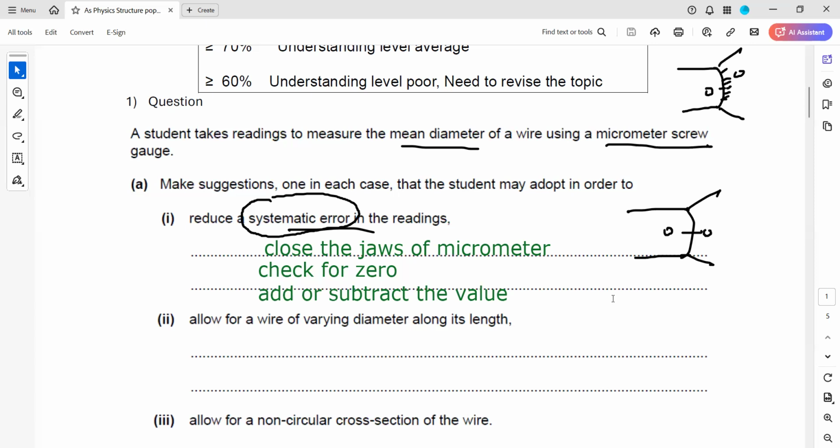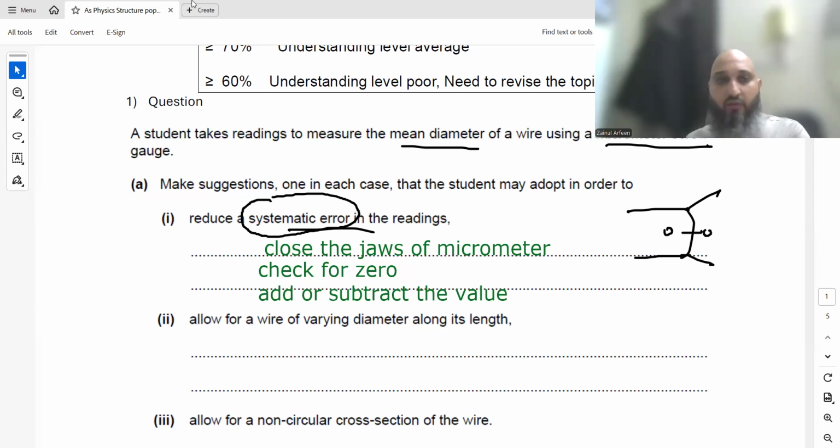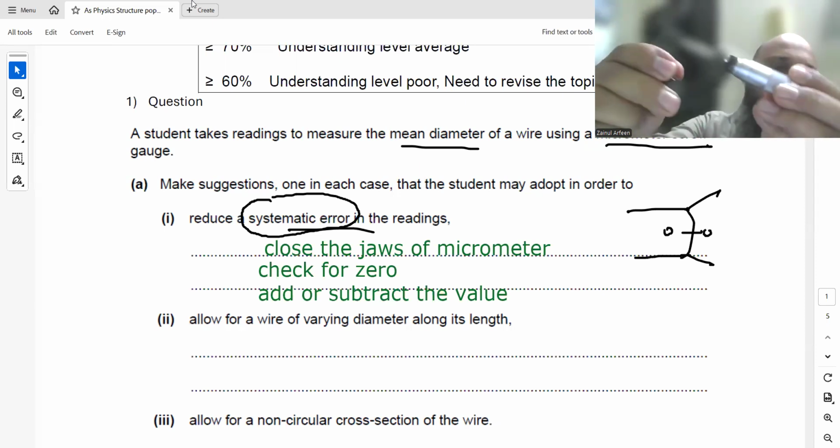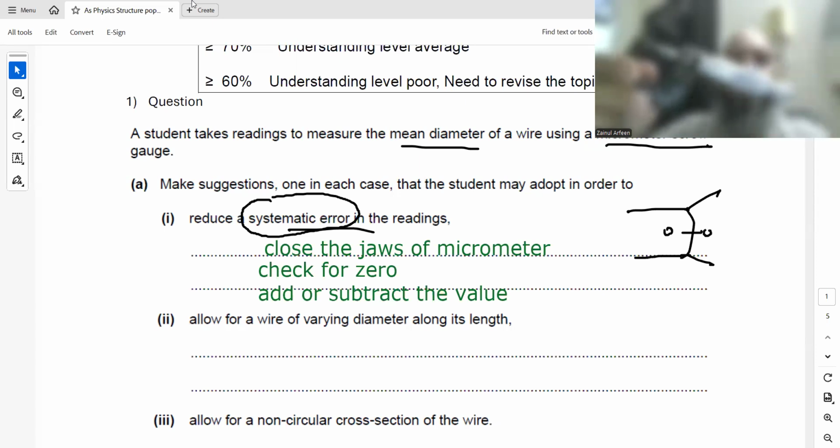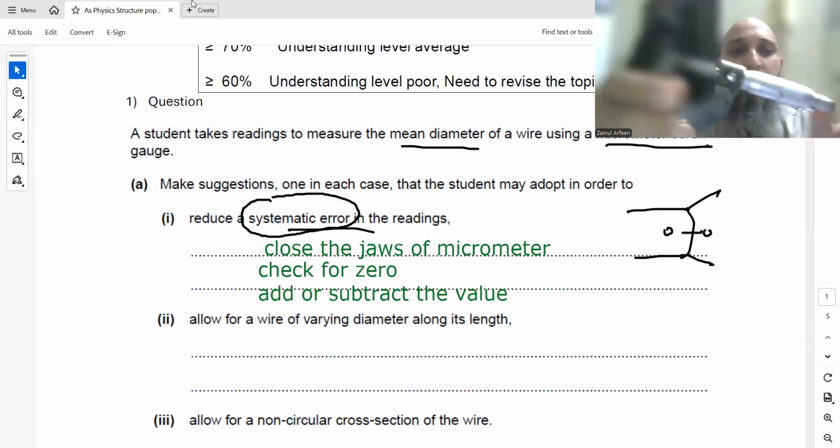Like here, when we talk about the micrometer screw gauge, this is a micrometer screw gauge. If we want to check for a zero error, we have the two scales, one is circular, another one is main. It may not be clear because my background is blurred, but I will change that.